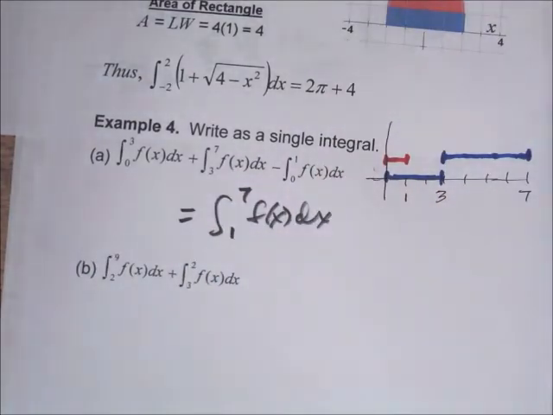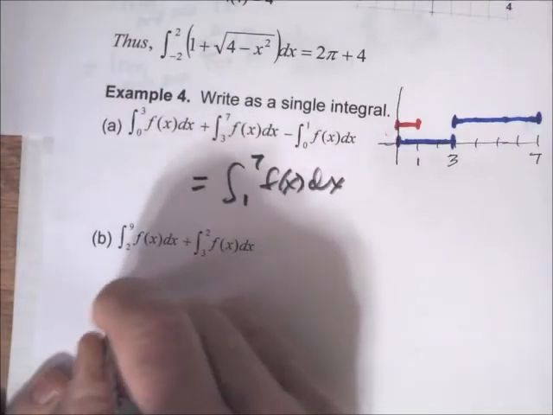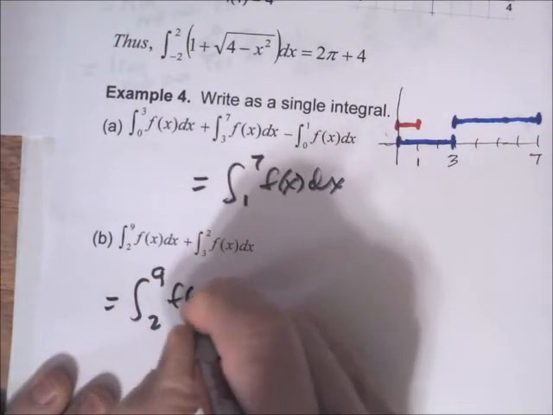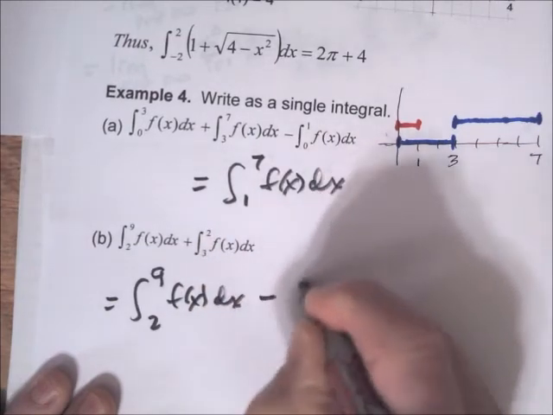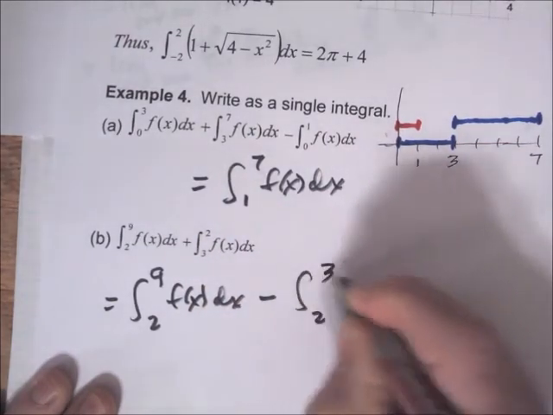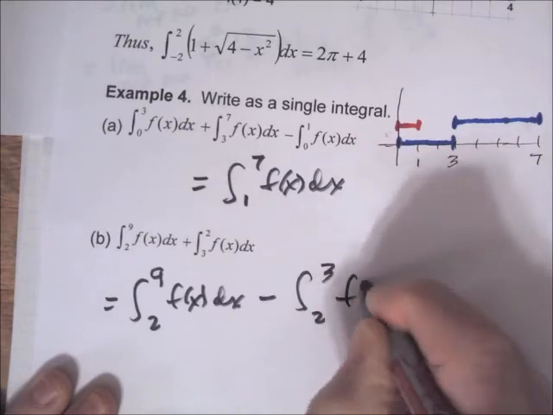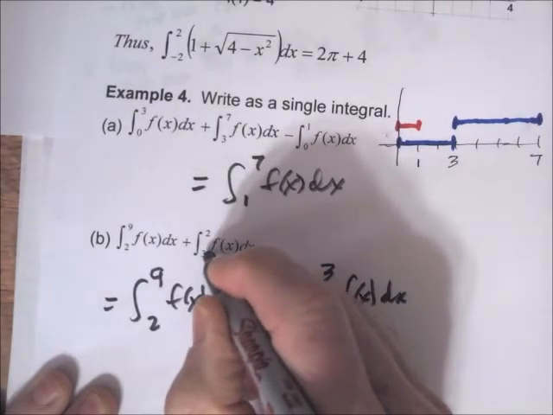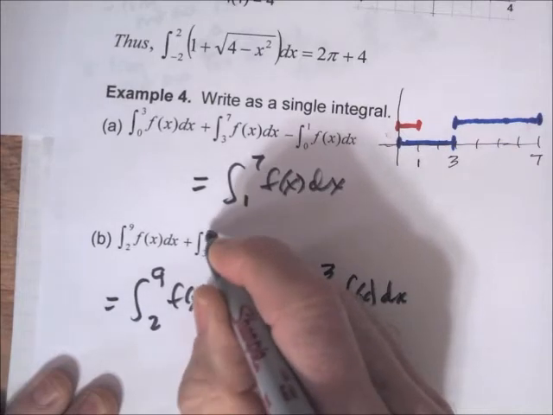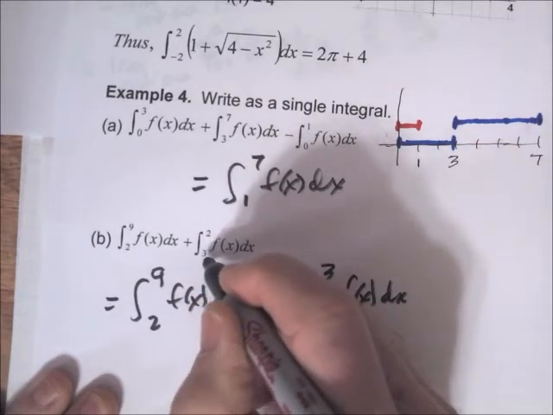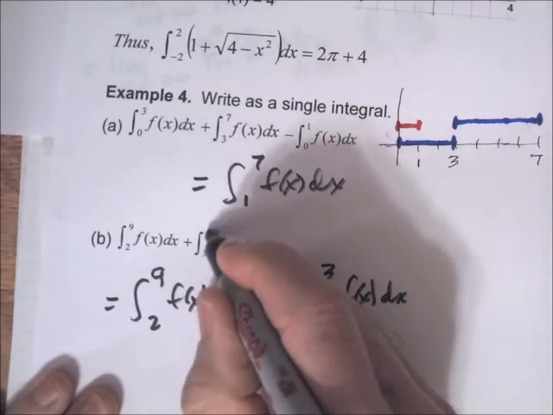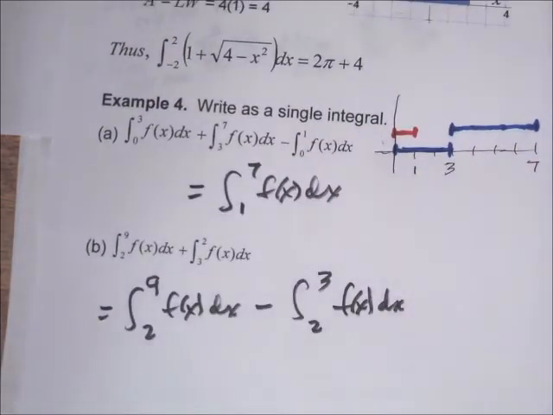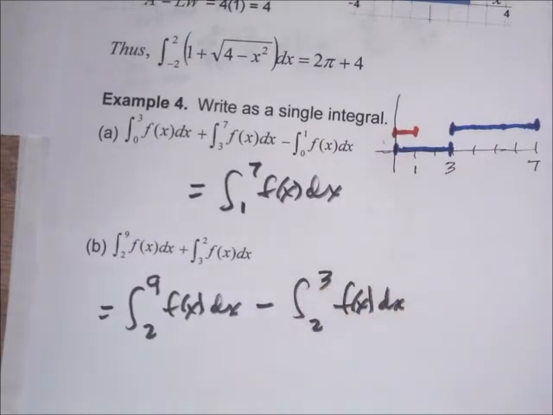So this is going to be the same as the integral from 2 to 9 minus the integral from 2 to 3. Normally you go from smaller to larger, but if you go from larger to smaller, it takes the opposite sign.